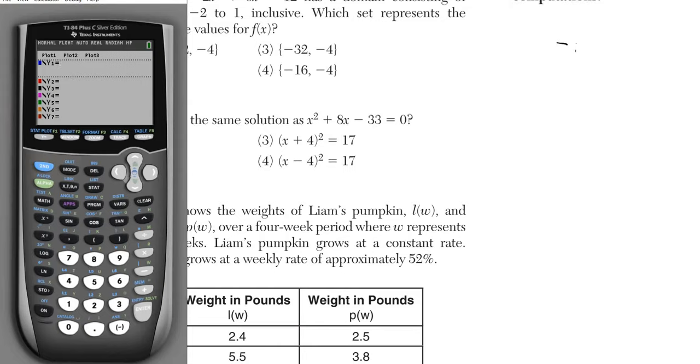So to find the solution, we're going to do x squared plus 8x minus 33, y1 equals left side, y2 equals right side, 0. And now we're going to want to find the point of intersection.